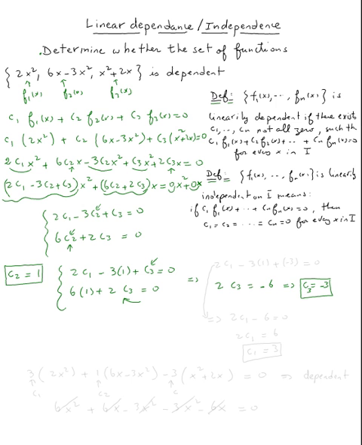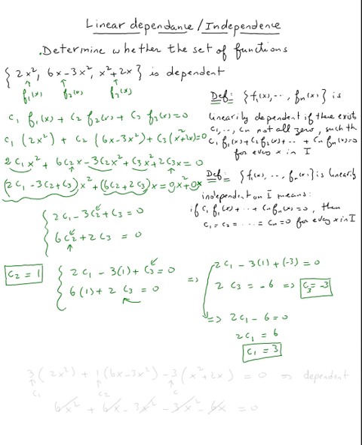So plug c3 in here. We get 2c1 minus 3 times 1 plus c3, which is negative 3, and this is 0. This means 2c1 minus 3 minus 3 is equal to 0, so 2c1 is equal to 6. c1 is equal to 3.